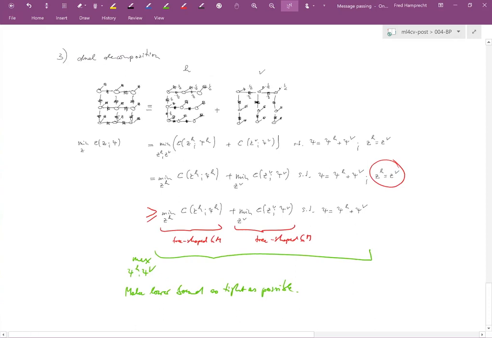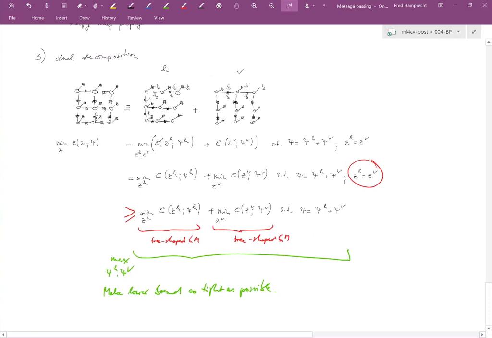Okay, so what does it mean in practice? I first decompose my loopy graphical model into tree-shaped models. I solve them exactly. And then I start shifting around potential between my two submodels so as to make this minimum become higher.